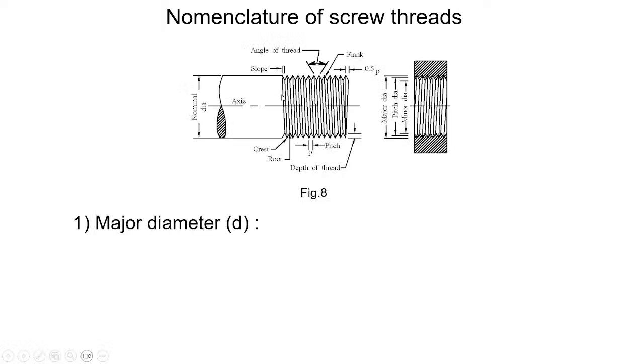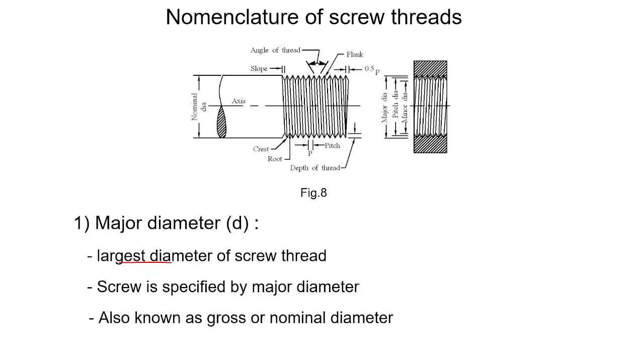The very first one is major diameter, which is also referred to as the largest diameter, and this is also called nominal diameter, and it is used for specifying the size of the screw thread. So it is the gross or nominal diameter.